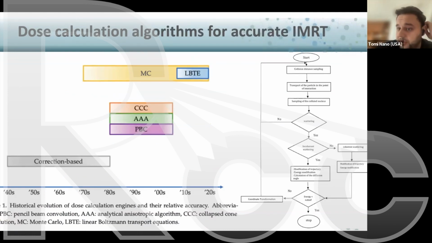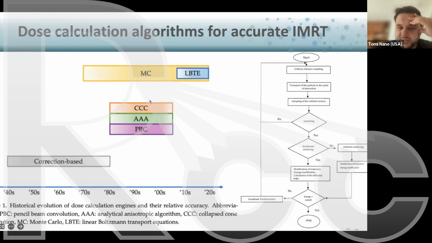This is also going to be part of the course, just to give you guys an introduction. And if you look at this plot, which is showing a historical depiction of our dose algorithms, for a long time, we had correction tables, tissue phantom ratios, tissue air ratios, and these were called correction based. So, back in the 90s, 80s, that's what was mainly used.